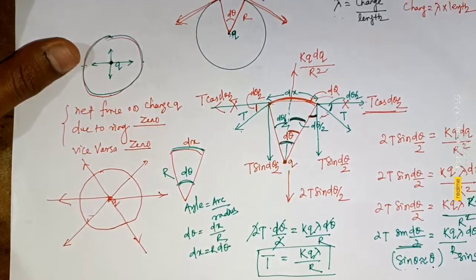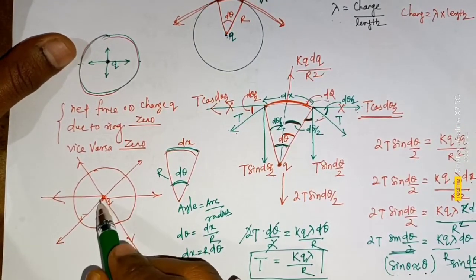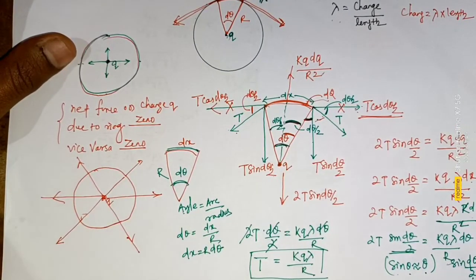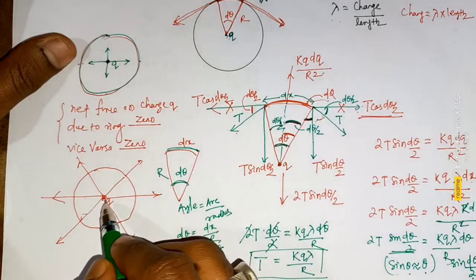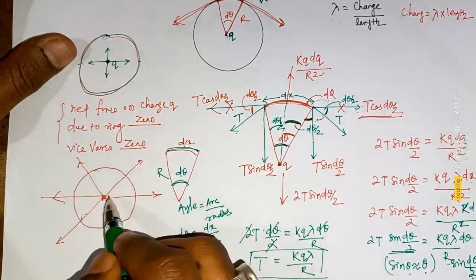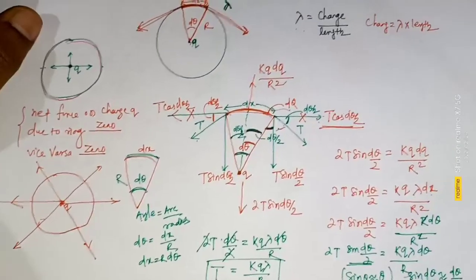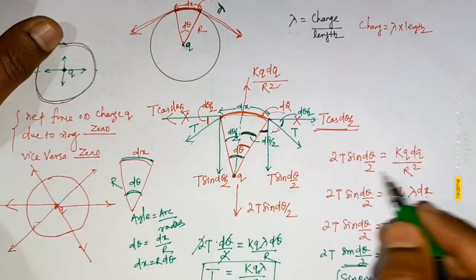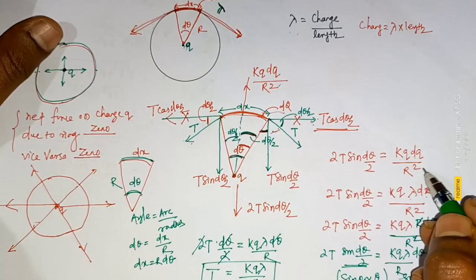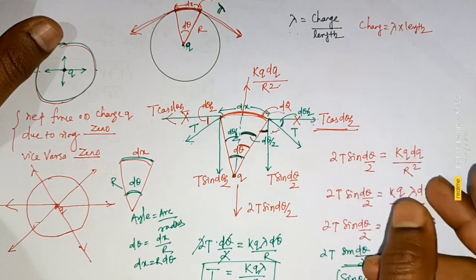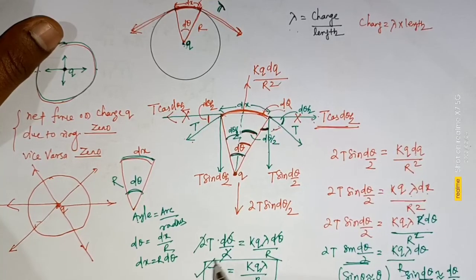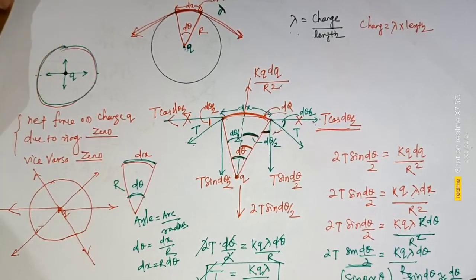So at each and every instant the net force on this charged ring due to Q is 0, and the same thing is also true vice versa. That's why here we make the tension equal to the electrostatic force and get the desired result. I hope the scenario is clear to everyone.